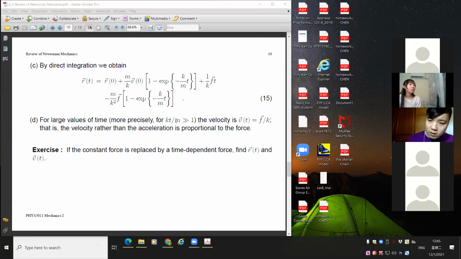M over k gives you the time scale of the system. When we say something small, something large, something short, something long, we must have a typical scale of the system.